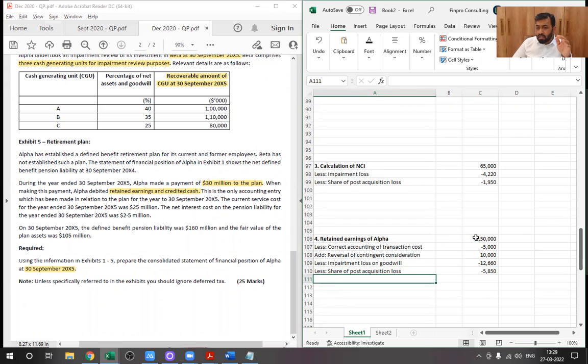Whatever is debited to retained earnings, I have to negate that impact. So retained earnings of 1,50,000 includes a cost of 30,000 that I should actually add back. Add back reversal of contribution to plan assets wrongly debited to retained earnings.